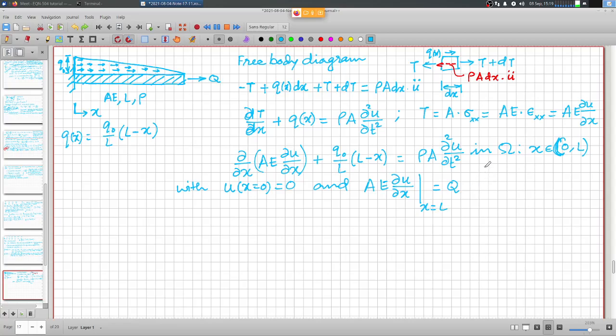So these are the boundary conditions. And for the time being, for simplicity, to concentrate on just the finite element discretization aspects, we will ignore the time dependence for this problem.